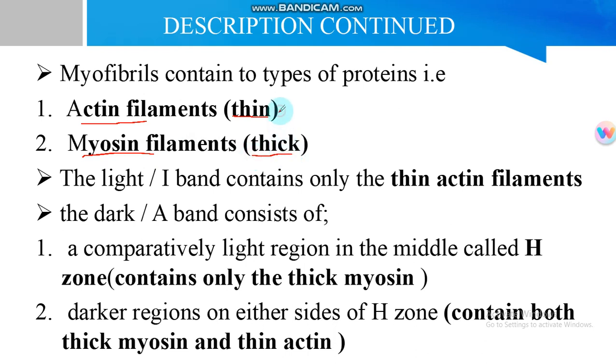So, let's try to think about this as pieces of paper. Actin filaments as very thin pieces of paper that you can even see through. Then the myosin filaments as very thick pieces of paper that you cannot easily see through. But of course, you can somehow see through it. It is not so thick. Now, if you have only the thin piece of paper in one place, can you see through it easily?